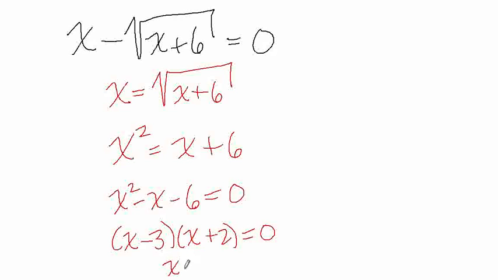So the candidate solutions are x equal to 3 or x equal to minus 2. And if you plug in minus 2, you will see that it does not satisfy the original equation. So I hope that you remembered what I said and you discarded that candidate solution. I hope your only solution was the 3, which is correct.